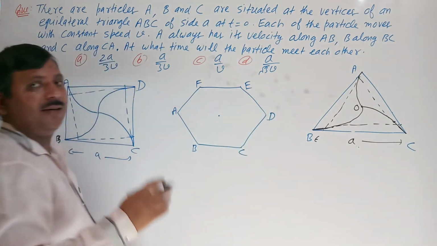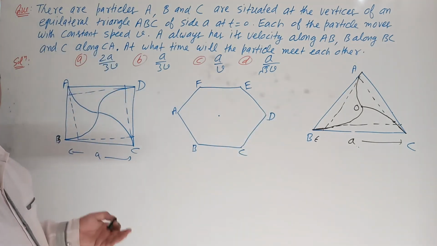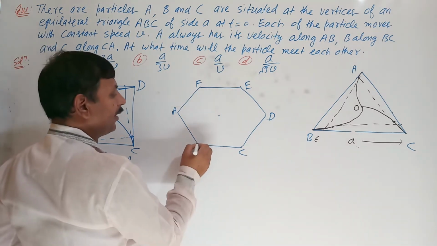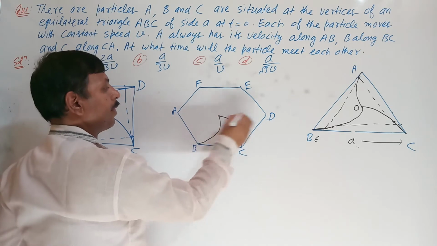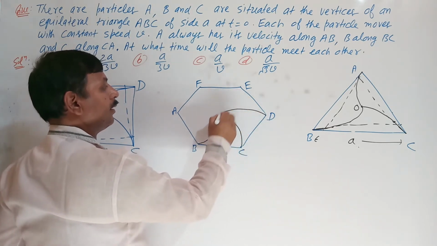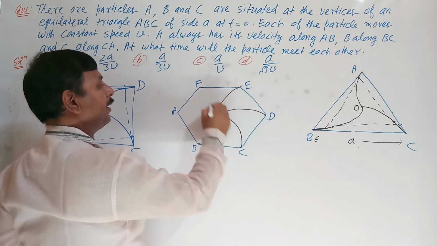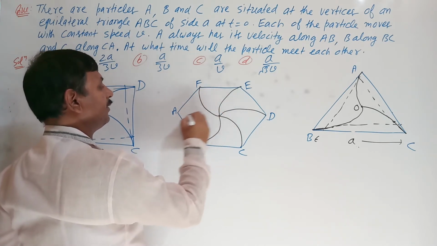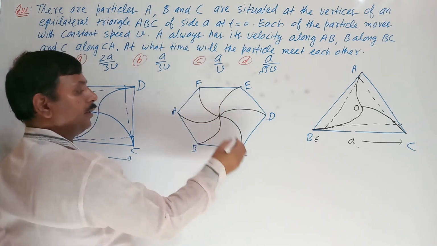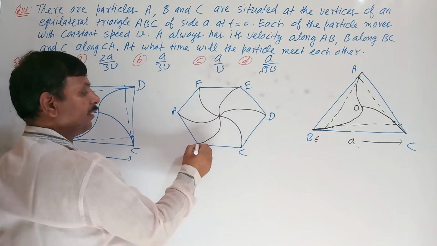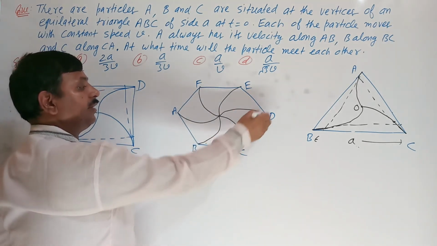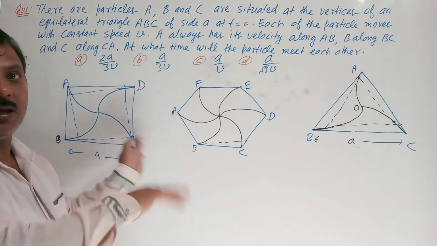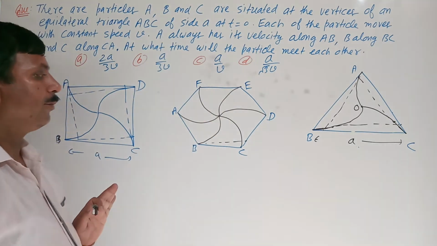Same way as I have taken a triangle, I have taken a square. Same way, like this, their path will be. Like that path will be, and they will meet at the center, because when C moves like that, their direction will change, like that direction will change, and they will meet at this point.